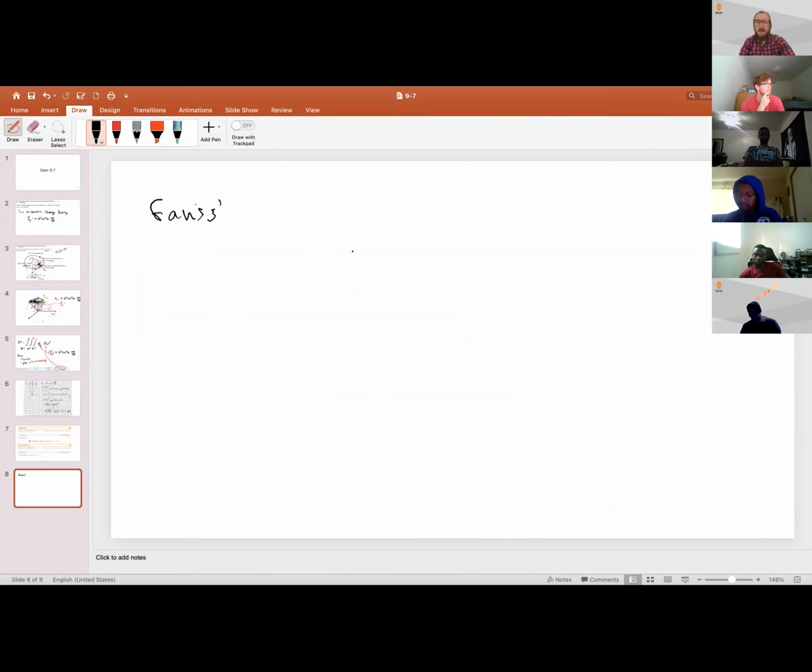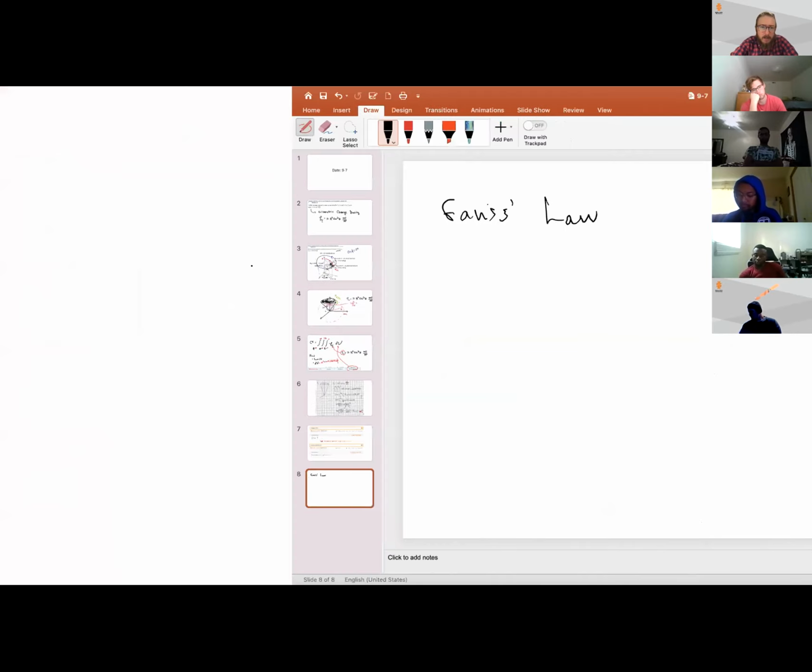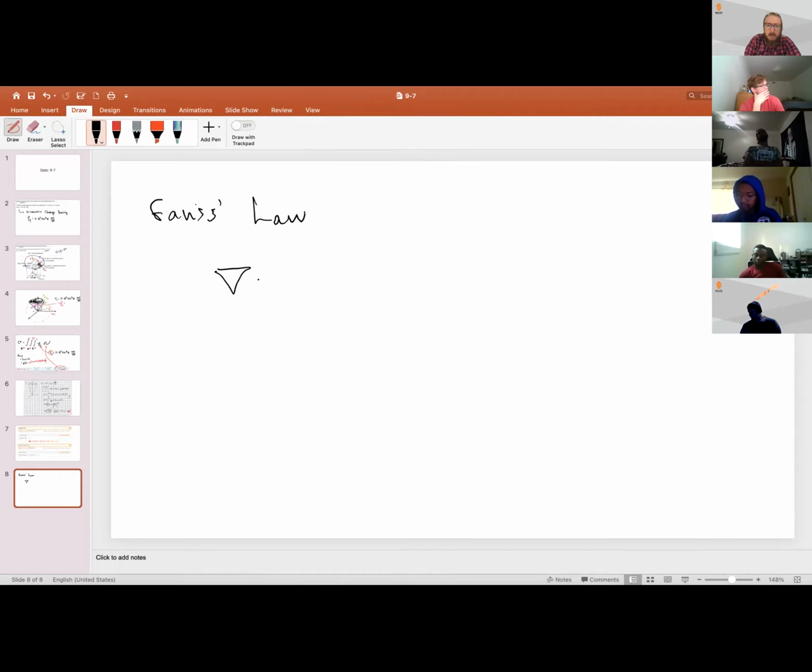Gauss's law is one of the equations we're going to look at. If you take Gauss's law in the differential form, the divergence of the electric flux density gives you a volumetric charge density.